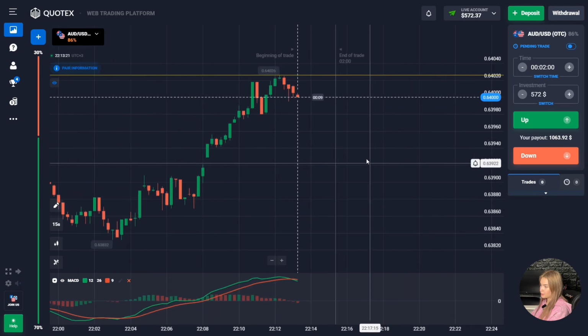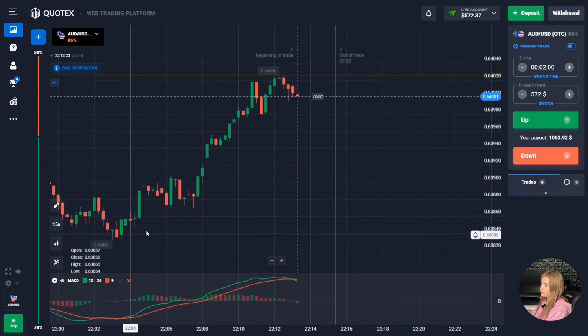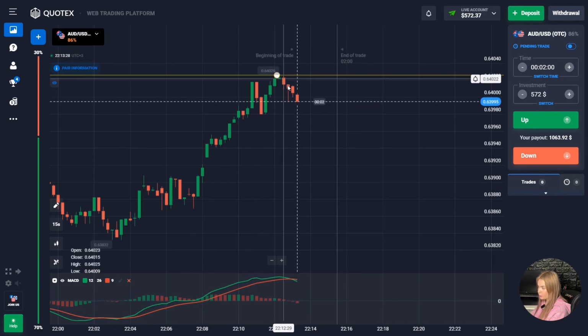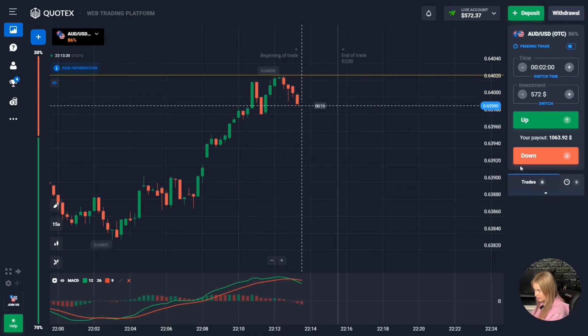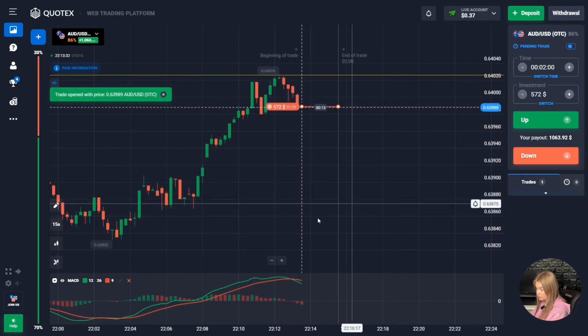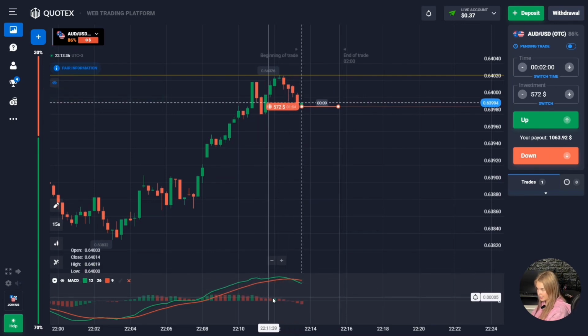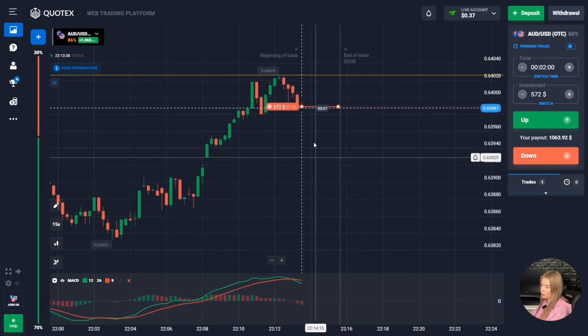As you can see here, the price showed an increase, but from the resistance level, it began to roll back down. That's why we are opening a deal down here, because we also have an intersection of moving averages on the indicator. This is how we understand that the price has the potential to go down.